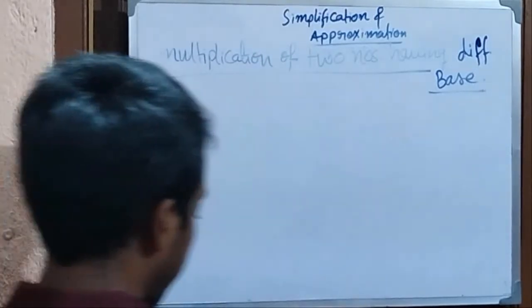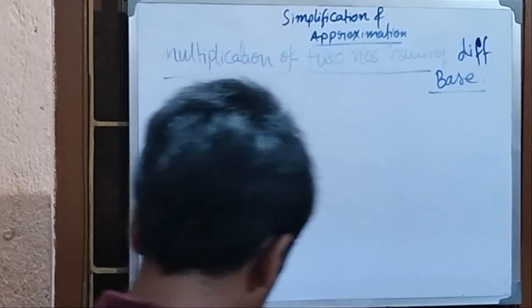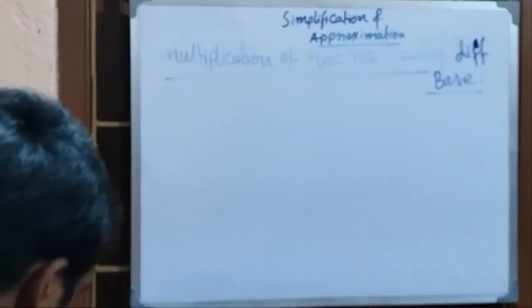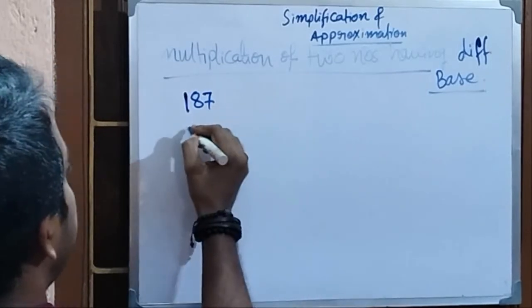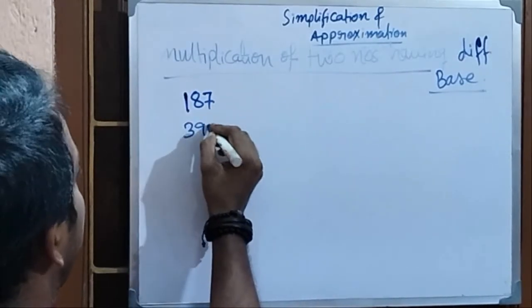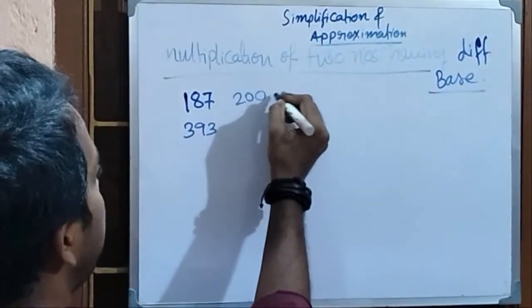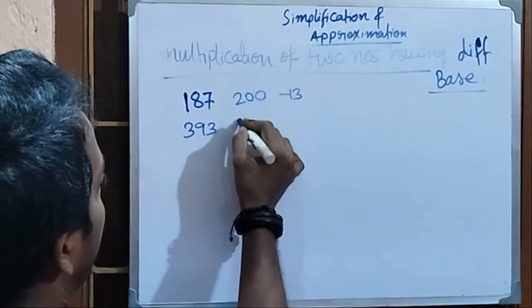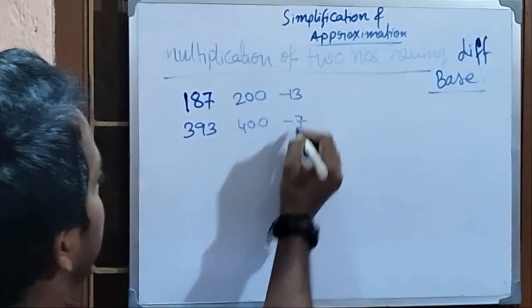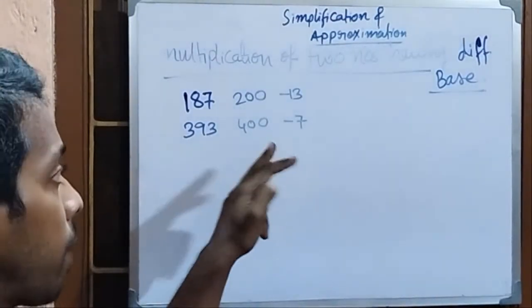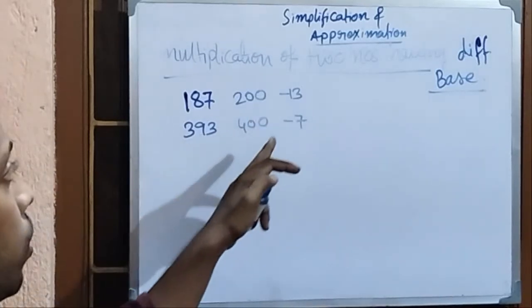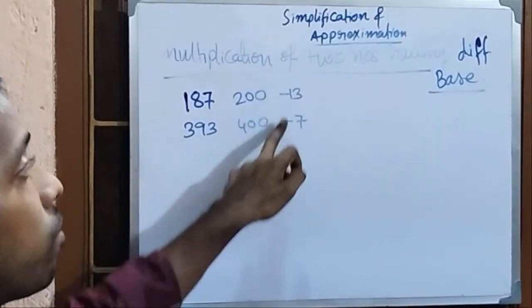Suppose I am taking 187 and 393, right? You have to multiply. See, 200 minus 13, and here close to 400, 400 minus 7. In both these cases I am taking minus, one positive, one negative. We have done with it, but now do one problem having both the symbols in negative.